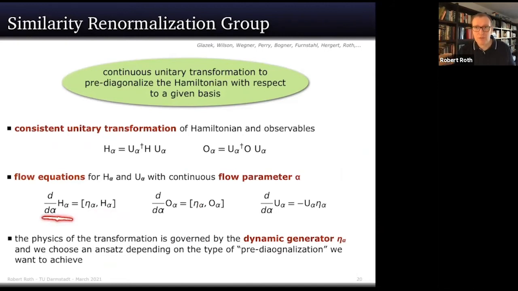It's a stationary point of this flow. It's a fixed point. So your Hamiltonian doesn't change anymore whenever the right-hand side goes to zero. And that's something that typically happens for these RG-type flow equations, and that's something that we call a fixed point. And the analysis of what this fixed point means tells you very much about how this transformation works.